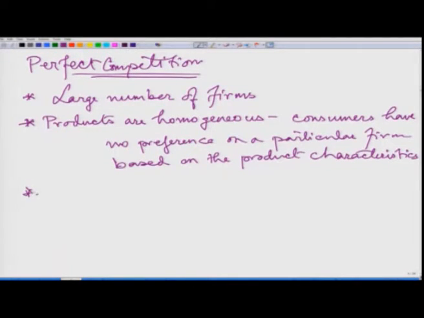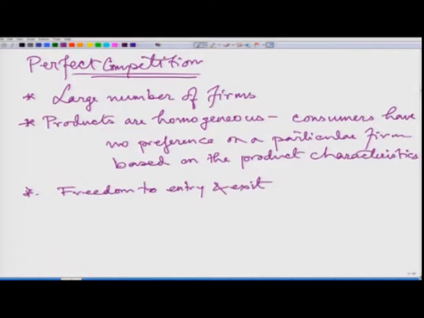The third is that there is full freedom of entry and exit. Anybody can enter the market and start the business, and anybody can exit if they wish to. It's a completely free market.